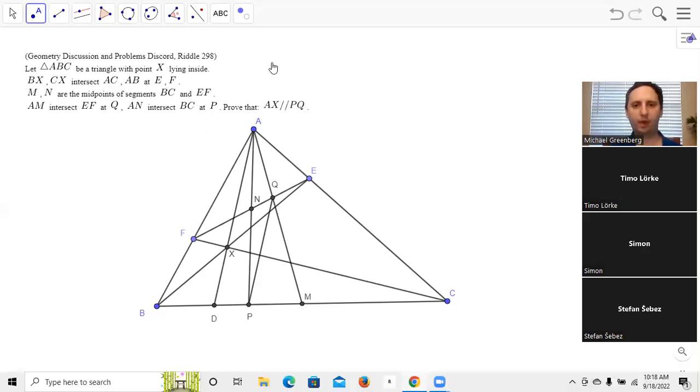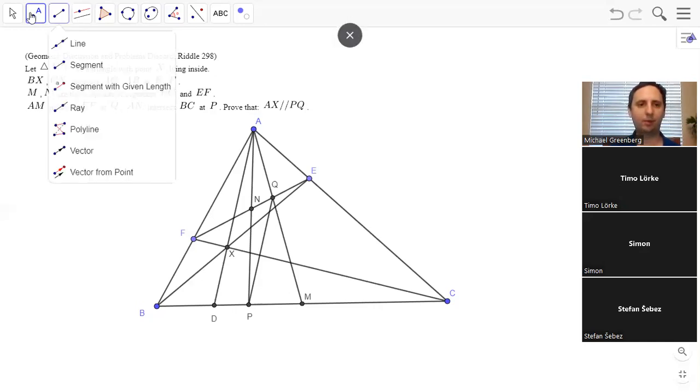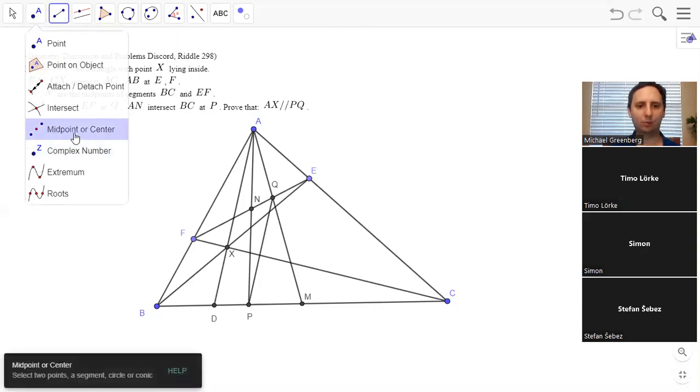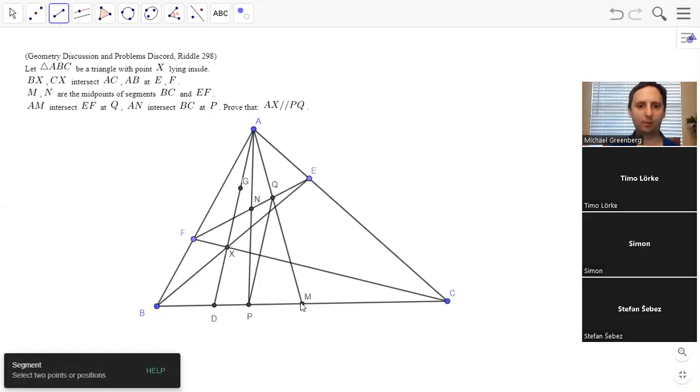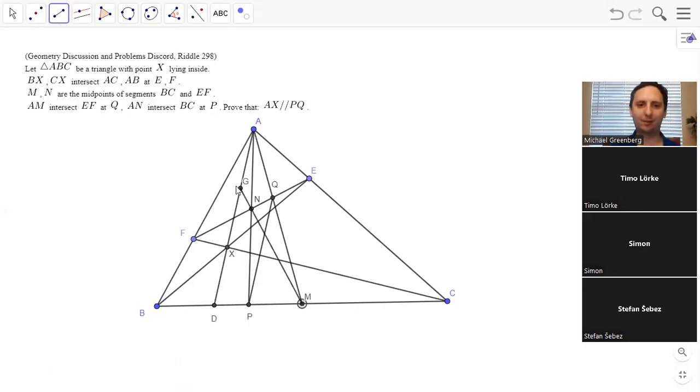So MN, yeah, so Simon and I actually noticed that. Yeah, so MN passes through the midpoint of AX. That is true. Yeah, but I forgot about that. So yeah, thanks for bringing that up.